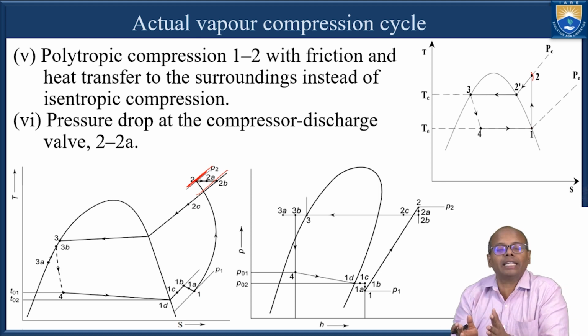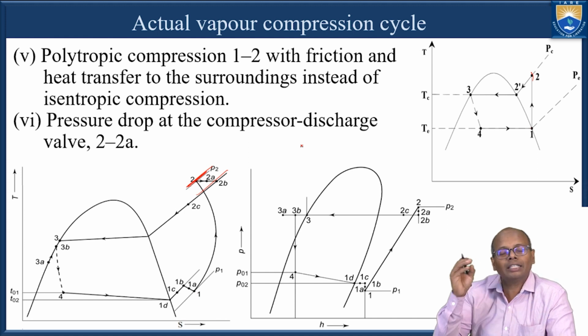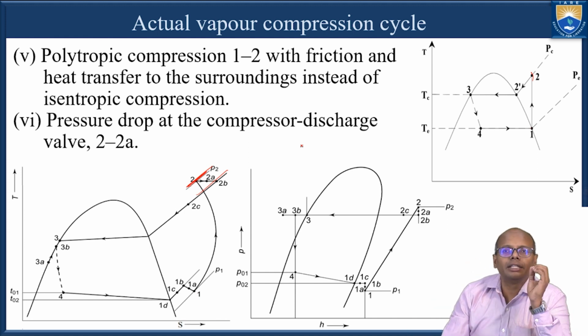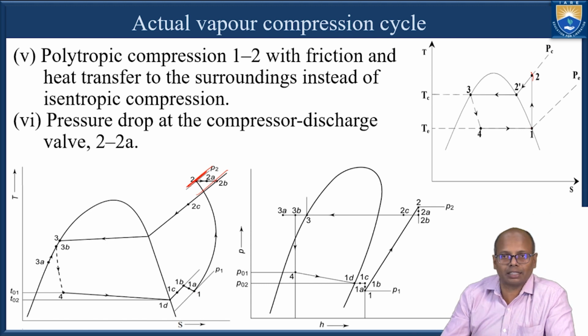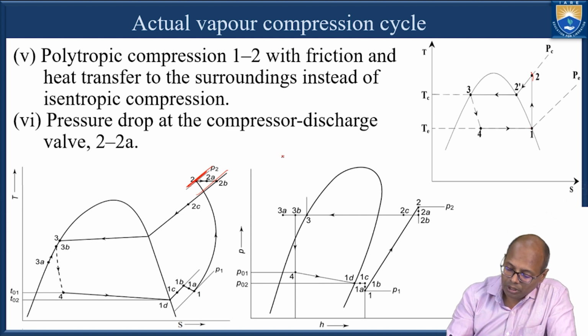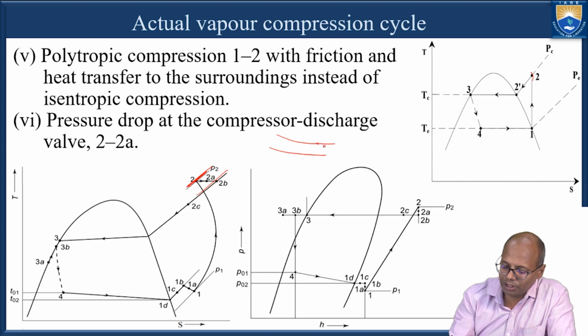Similar to the suction line that we have between the evaporator and the compressor, we have a delivery line or discharge line between the compressor and the condenser, and also we have a discharge valve. So this is the discharge line, and we have a valve at the exit of the compressor.